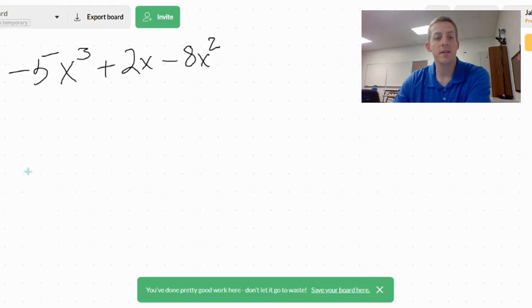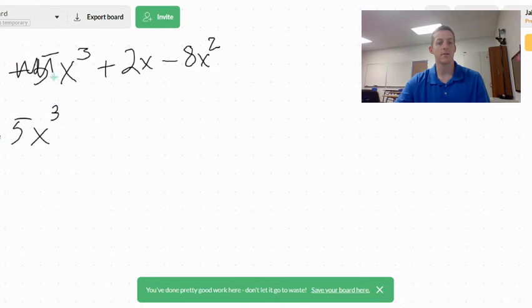What we need to do is get this in the correct order, and we do that by looking at all of our terms and seeing which one has the highest degree and working our way down. So here, which one is going to be the highest degree, if you can remember what the degree is? We're going to start with the negative 5x cubed.